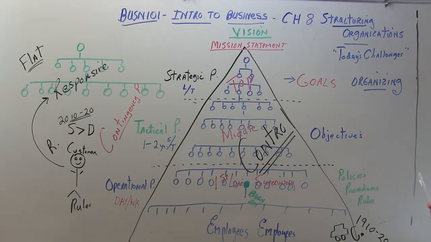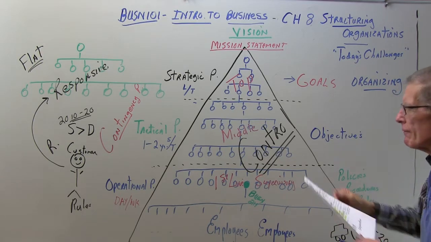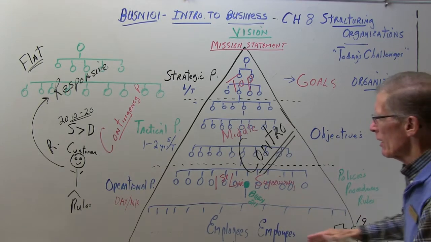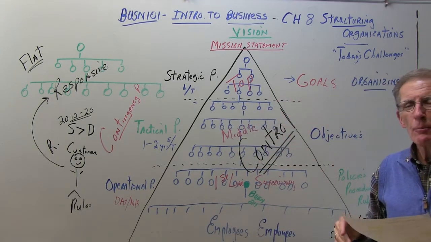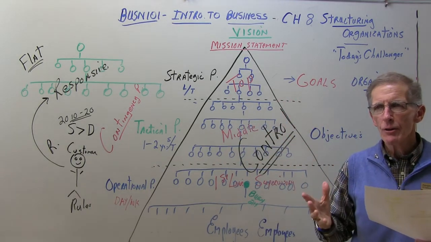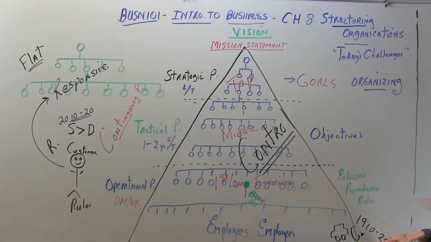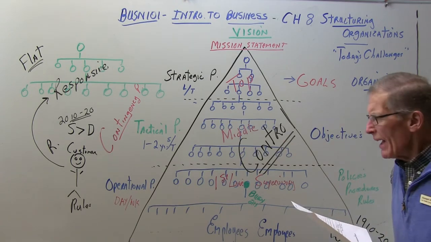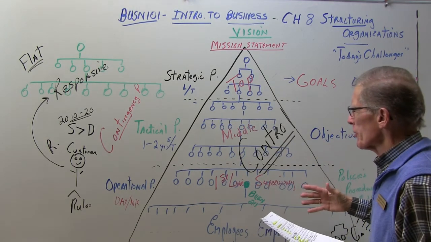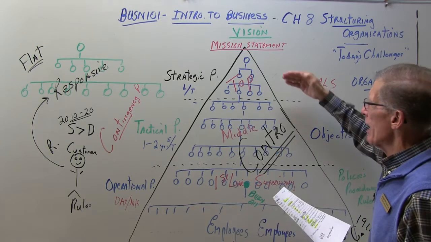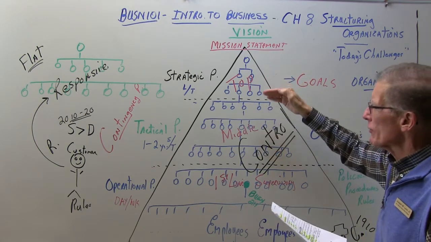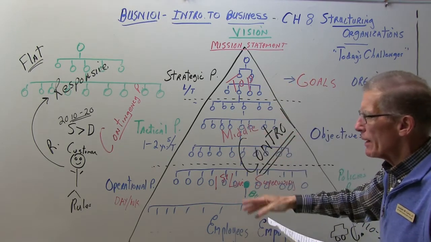So I won't exactly say that Weber invented the pyramid-shaped organizational structure, but he certainly popularized it. He certainly said this is the structure you need for control. Early 1900s. This type of organizational structure is called a bureaucracy. A bureaucratic organizational structure has many levels of management.